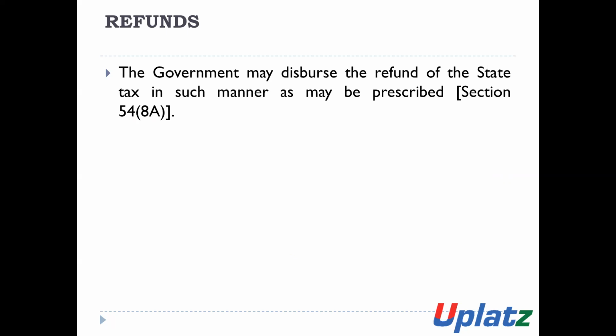The government may disburse the refund of the state tax in such manner as may be prescribed. It means the disbursement of the refund of the state tax is made by the government in such a manner as may be prescribed, and all these manners are prescribed under section 54 subsection 8A.